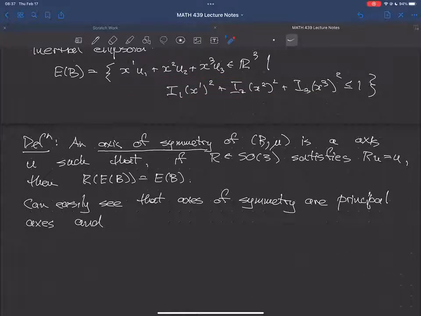Okay, and so what that means is exactly what I've written here. Okay, that the axis of symmetry must be a principal axis. Okay, so that's one thing that's true. But that's not sufficient, okay? Because if you take, again, so now we're going to take an ellipsoid and consider one of the principal axes of the ellipsoid, okay?